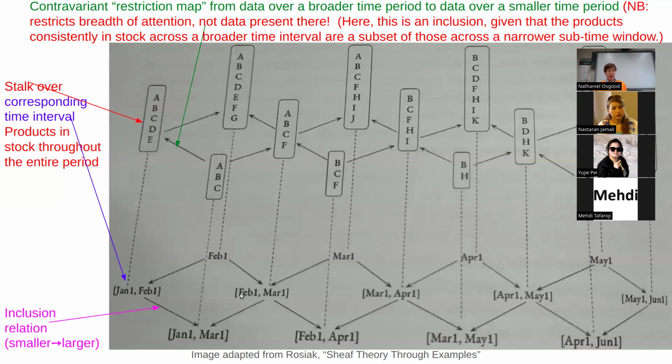We just said that. For it to be in stock from February 1st to March 1st, it has to be of necessity in stock for February 1st itself. And so it's guaranteed to be here. And this is an inclusion of this in this one. But you'll notice the order is reversed. It's a restriction, it's contravariant, right? Are you comfortable with this?